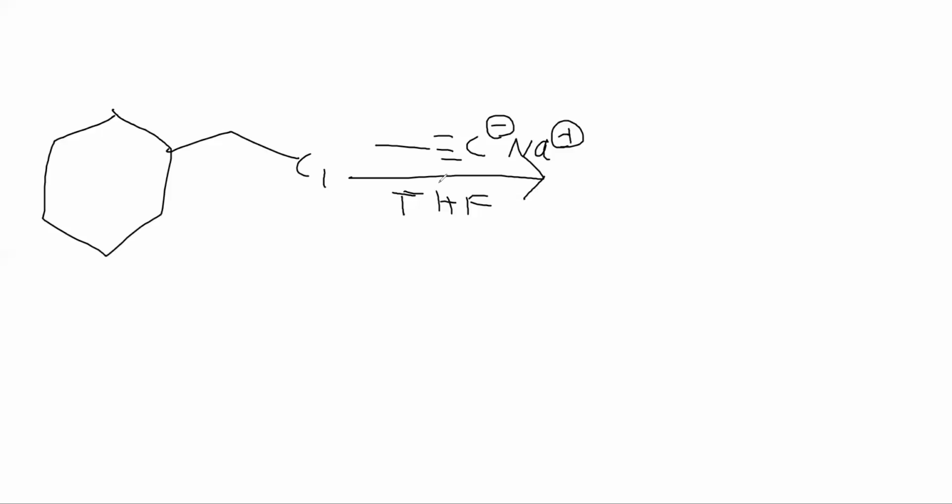What kind of mechanism will this be? So substrate is the first thing we should always look at. It's primary. So straight off the bat, that's kind of indicating that this is going to be SN2.